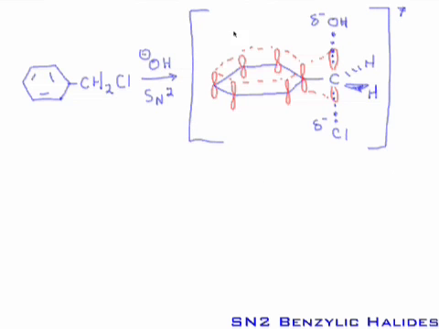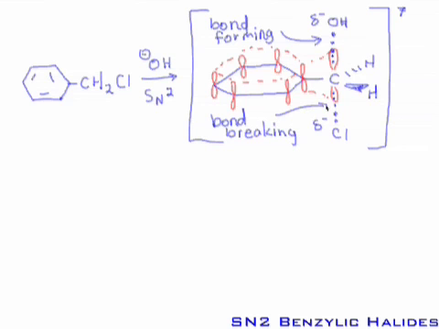I've shown my delta minus, bond forming, bond breaking. So we get this transition state. The 2p orbital can delocalize the excess electron density into the aromatic ring. This delocalization is stabilizing.